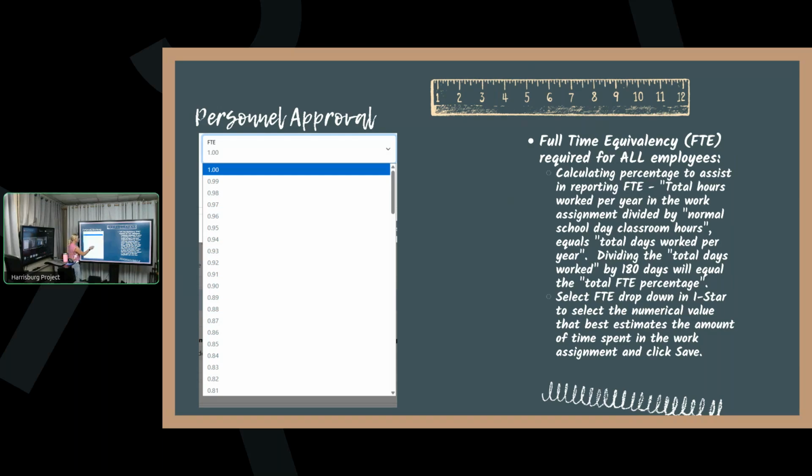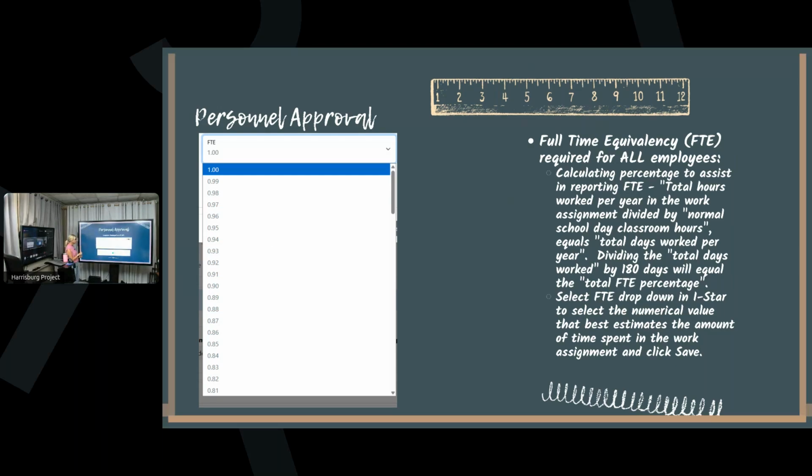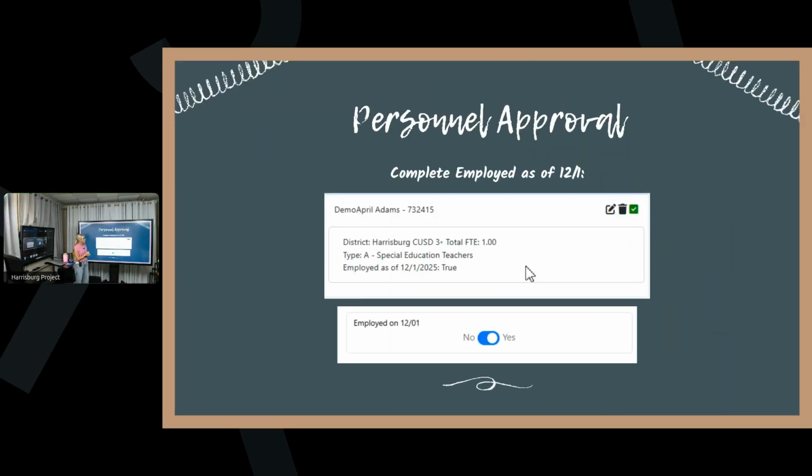Okay, so they're going to work for you all year. So also, I mentioned it already a couple of times, but on the personnel information, on the approval section, we need to make sure that this is toggled to yes if the employee worked on December 1st.